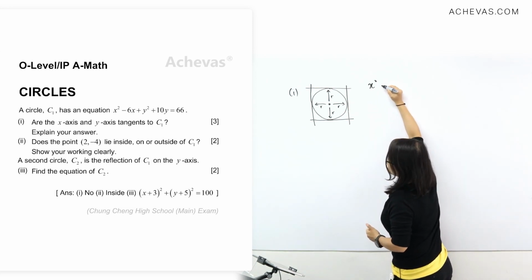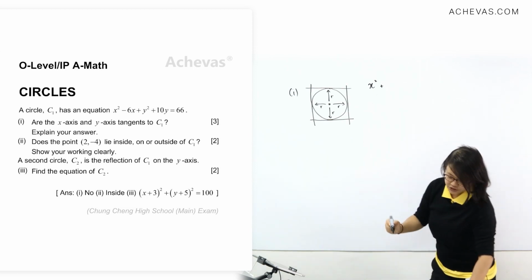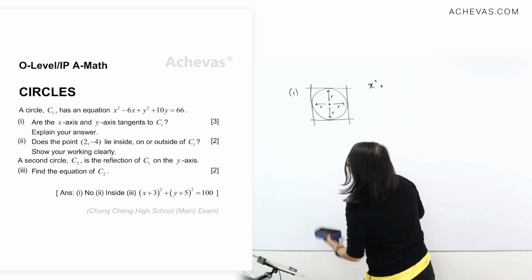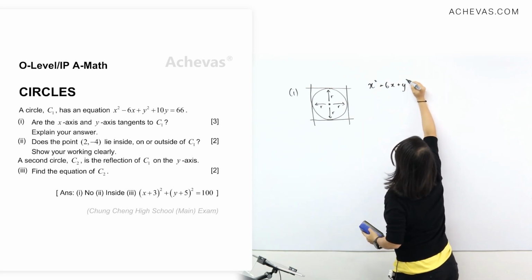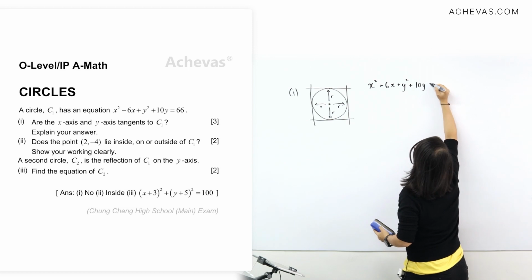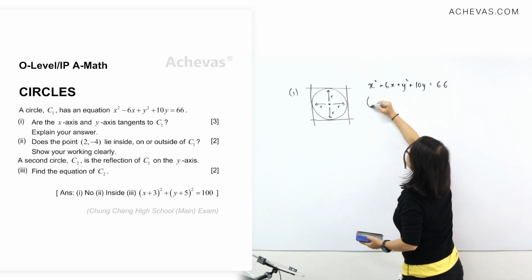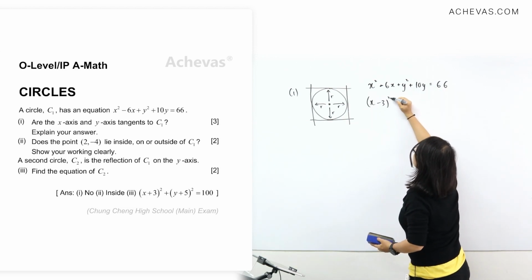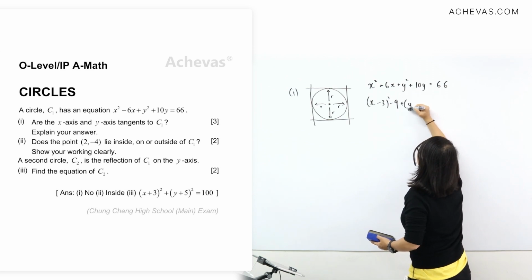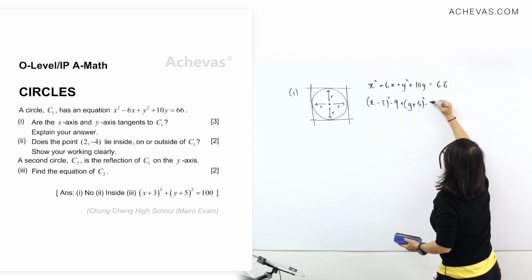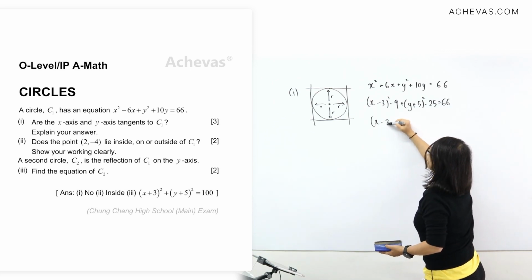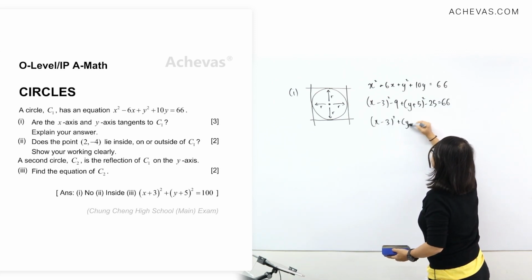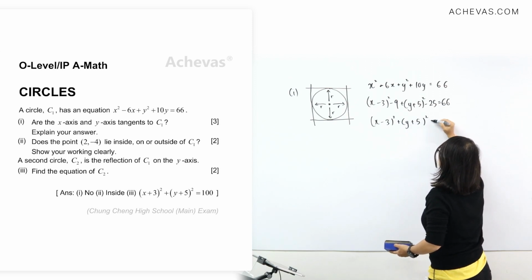I'm given x squared minus 6x plus y squared plus 10y equals to 66. Let me complete the square here. Okay, and let me write down the equation of circle so that I can see what is the center and also radius of circle.